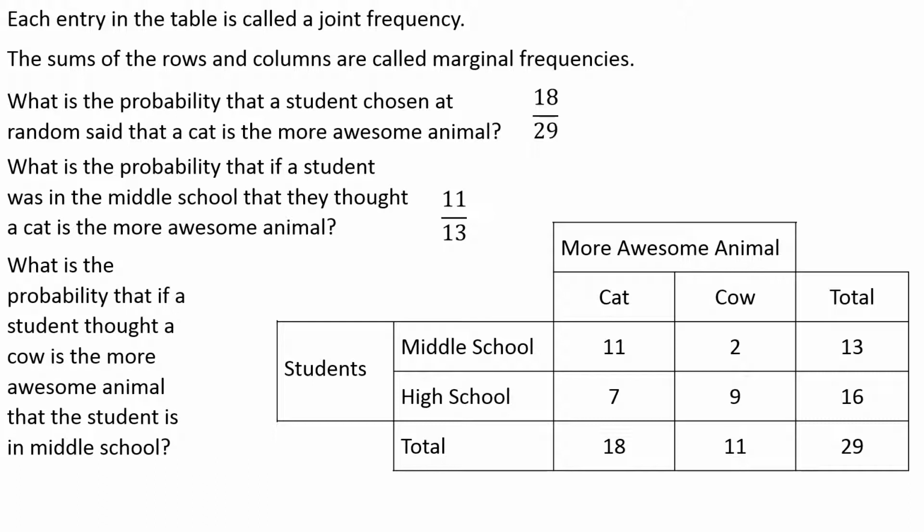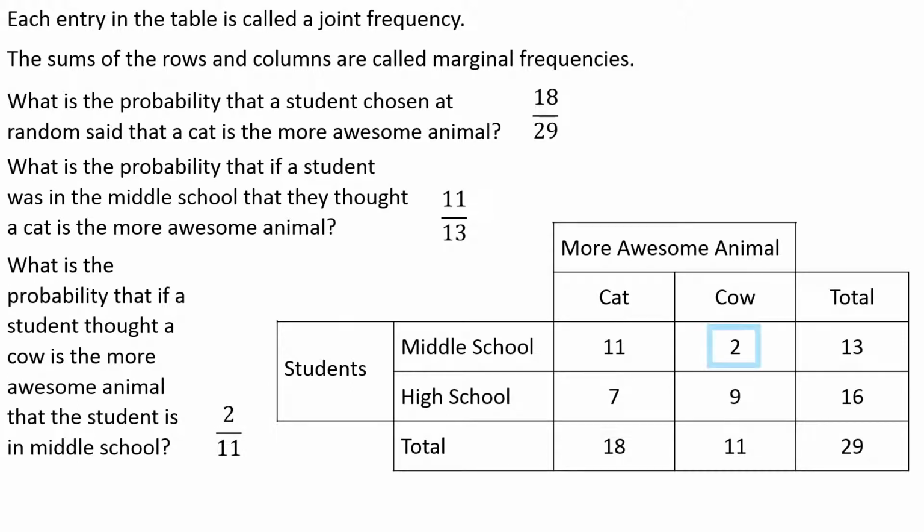What is the probability that if a student thought a cow is the more awesome animal, that the student is in middle school? What will I use for my denominator this time? Well, it's contingent that the student had to have selected the cow over the cat.